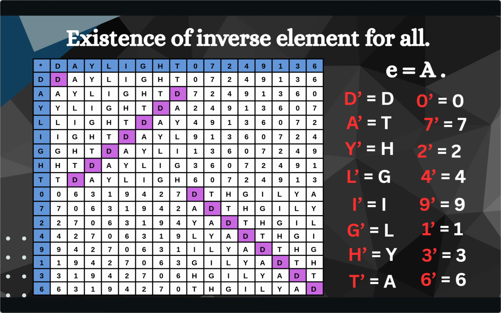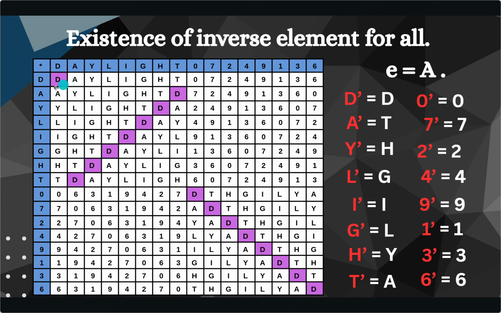In finding the inverse, we need to find the row, and in this row, we need to find the identity element. And here's the identity element. We're going to get the top of this identity element, the column, which is D. So the inverse of D is D.